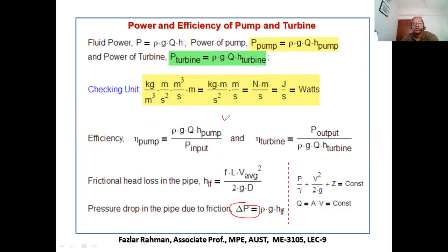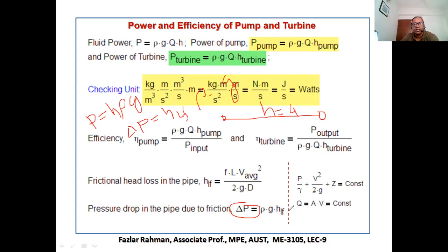If you know the frictional loss between 2 points A and B, say A is equal to 4 meters, HLF, we can easily figure out the pressure drop, because we always use this formula, pressure equal to H rho G. So the frictional loss you are getting is HLF, then the pressure drop between 2 points, delta P, will be the frictional head loss HLF multiplied by rho G. Okay.